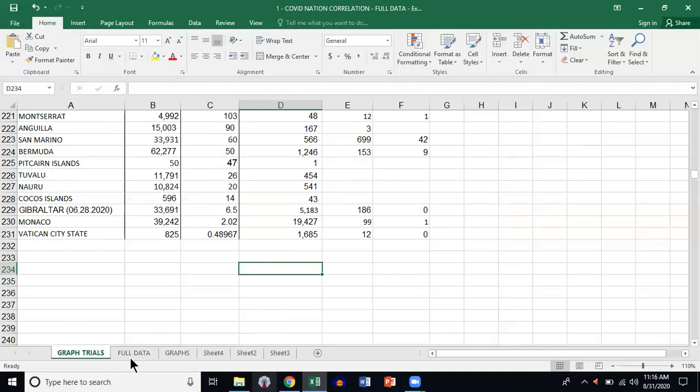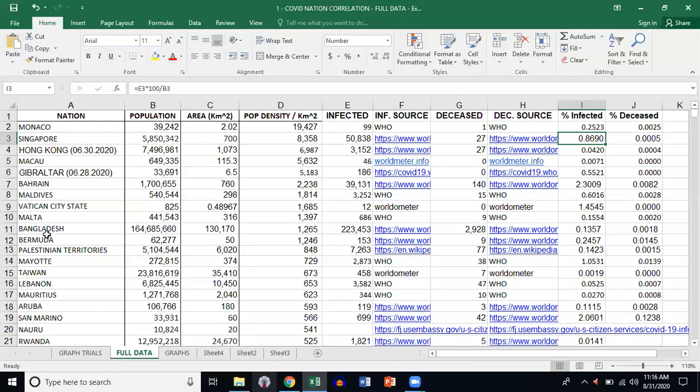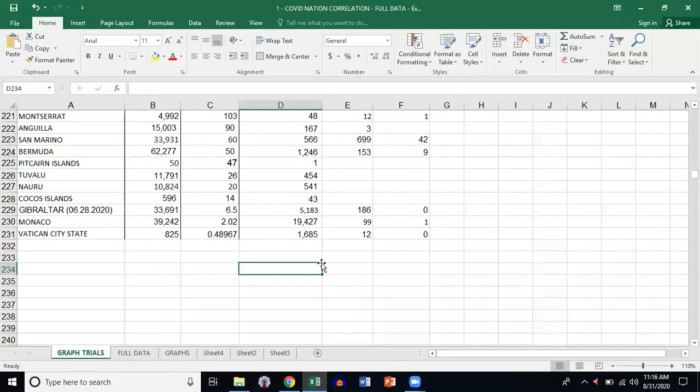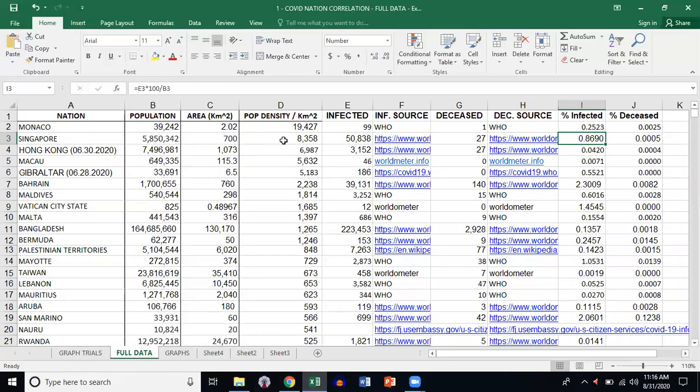Let me give you an example. Let's go back to full data for a moment and look at Vatican City. These are ranked by population density. The population density of Vatican City is pretty high, 1,600 people, okay? Because this is ranked by population density, we can go to 1,600, here it is, 1,600.